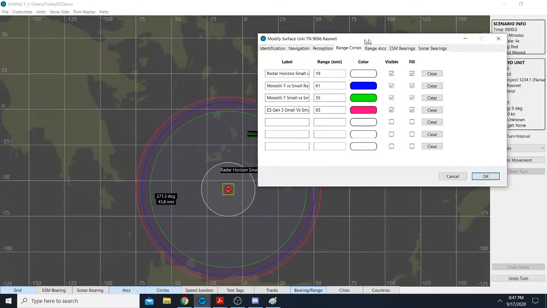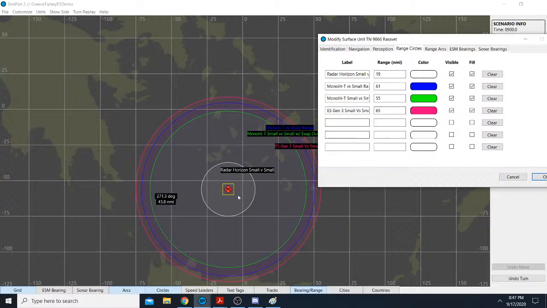It's a small, same as the OH Perry, but this is the Russian pocket cruiser. Radar horizon of small versus small straight up is 19. The monolith T versus small is 61 nautical miles. Where is that? That is the blue, so that's this line right here.